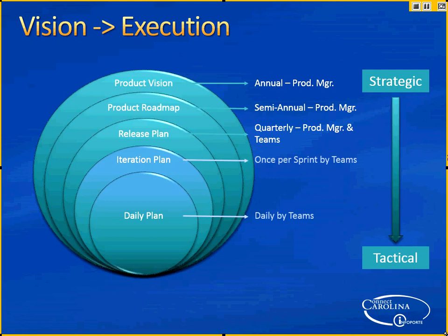But from the release plan, now we're into Agile, and there's an iteration plan that is put together at the beginning, prior to the beginning of each sprint, by the teams as to what's going to be in that sprint. And then there's a daily plan.